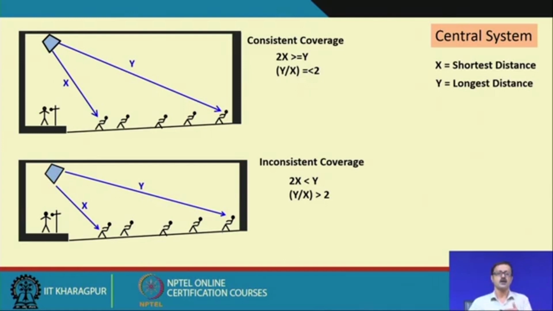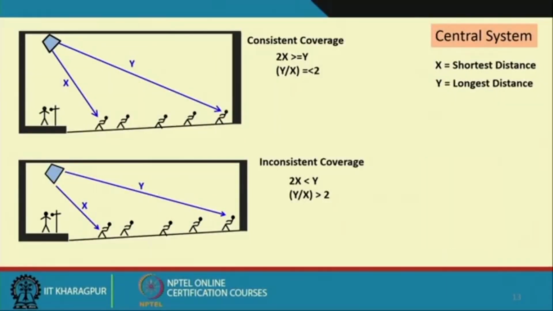Sometimes the auditorium is quite large, or its height is large, but because of the placement of the false ceiling, the apparent height comes down a bit low, and then this y by x ratio may not be adequate and may not give you a consistent kind of coverage.